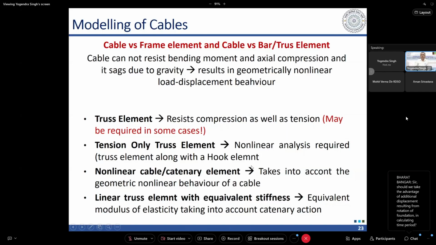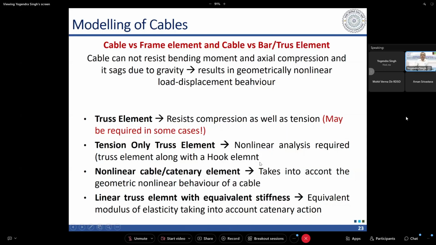Now, this type of element can be either available in the library of the software, or we can use a hook element. When we are using a hook element, this hook element can take tension, but in compression it will become loose, and it cannot take any compression. So we can use a combination of a hook element and a truss element to model a tension-only truss element.